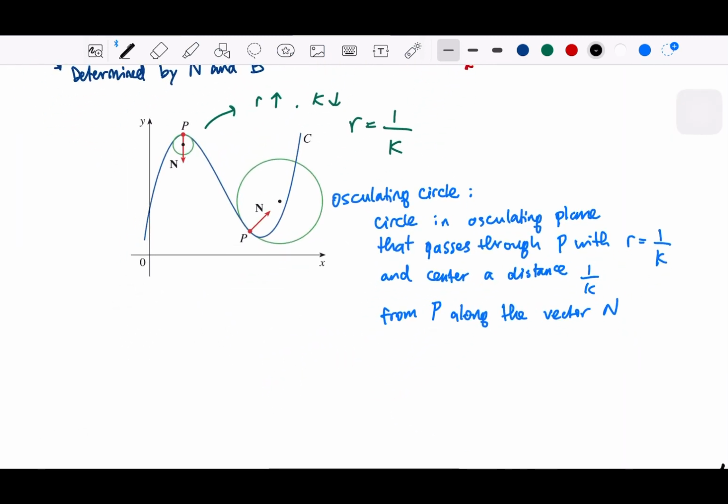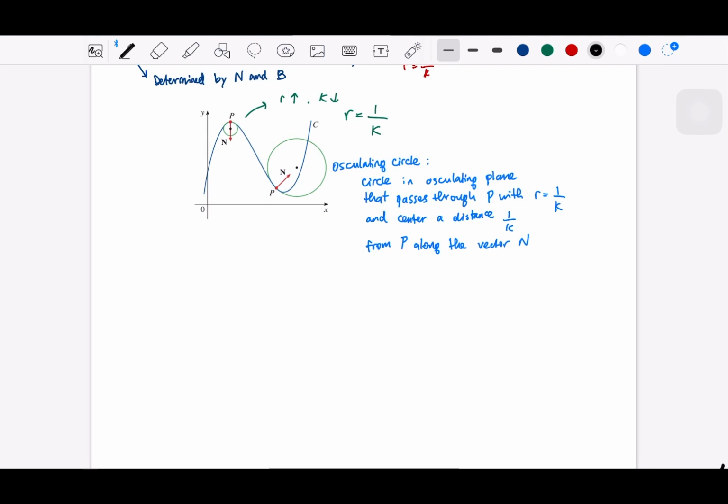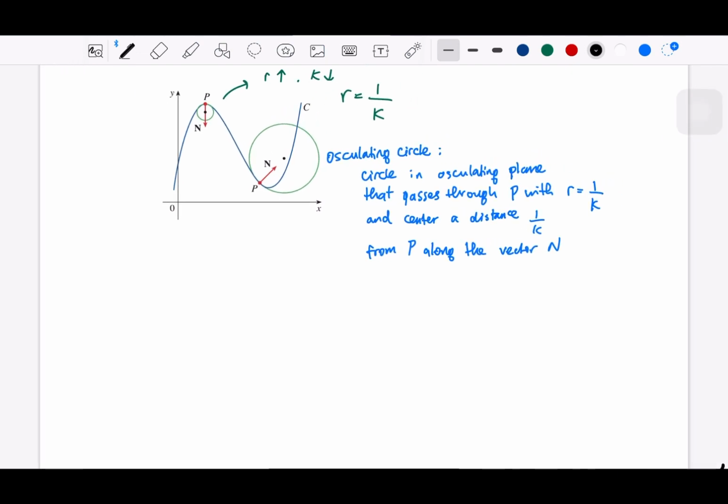Okay, let me write a summary for all the formulas that we have. Okay, so first is the unit tangent vector. This is r prime. And the normal vector.